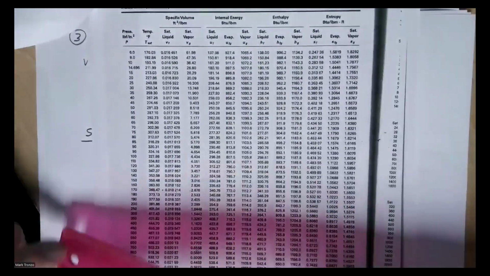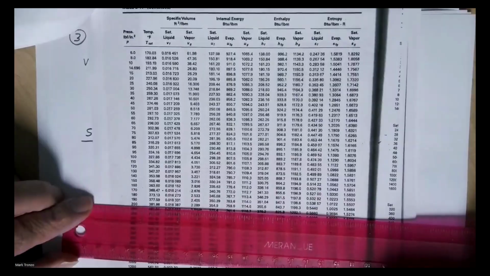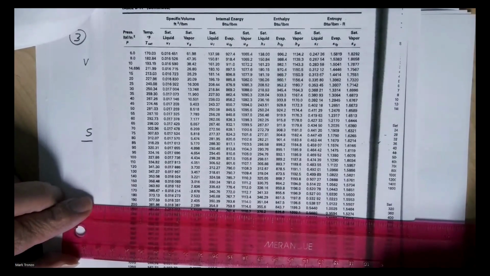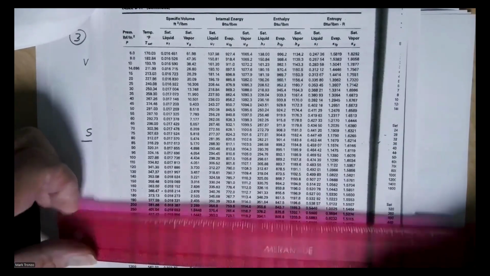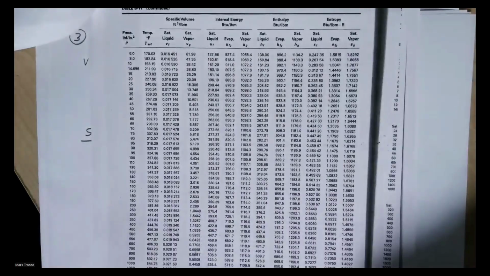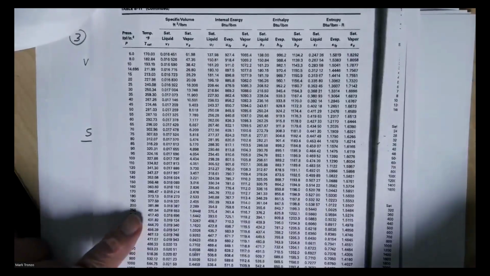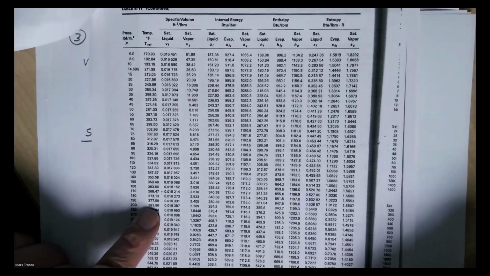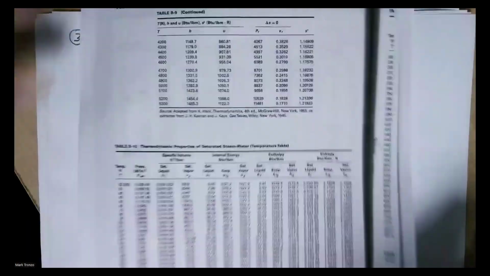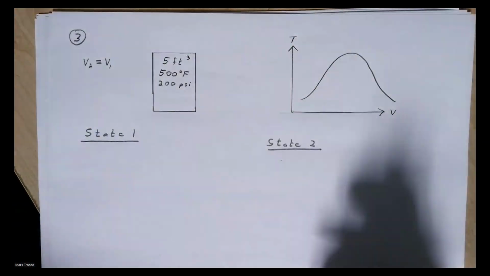And notice that at 200 psi, the saturation temperature is 381.86 degrees Fahrenheit. But our temperature is 500. So we're above the saturation temperature. So this must be superheated.